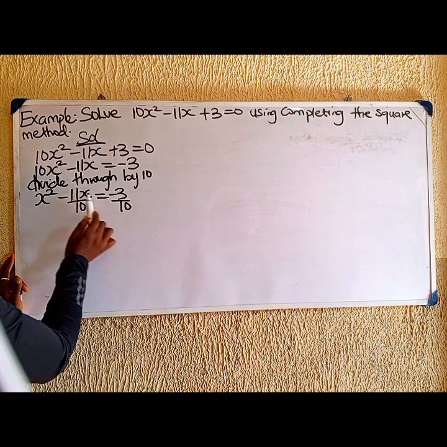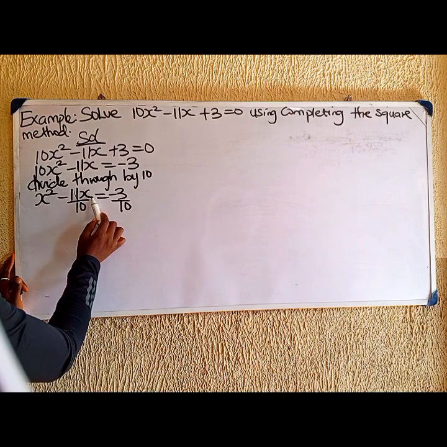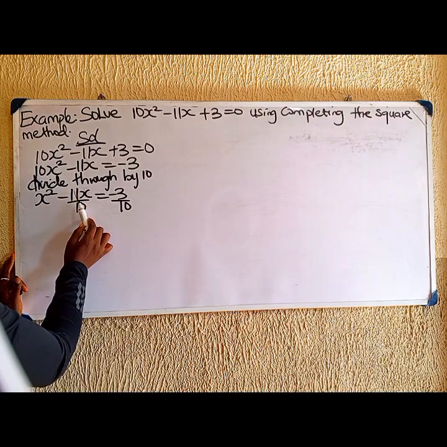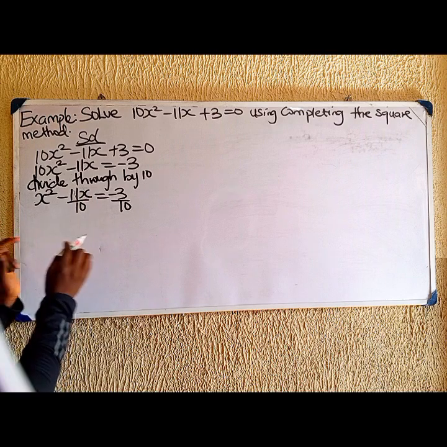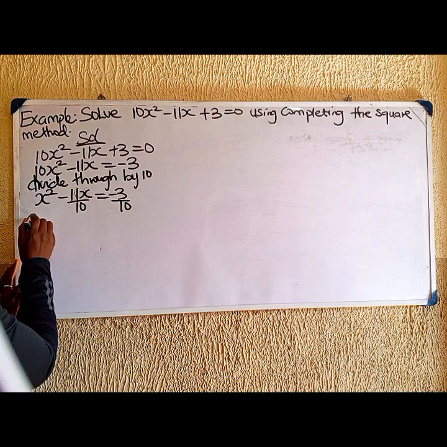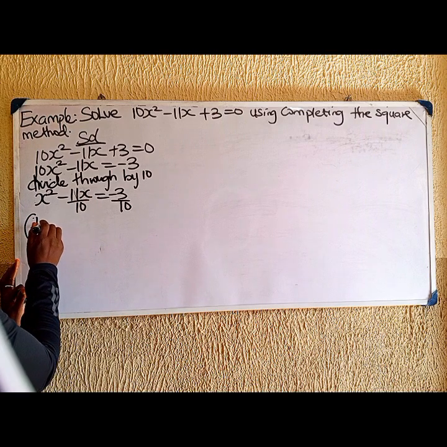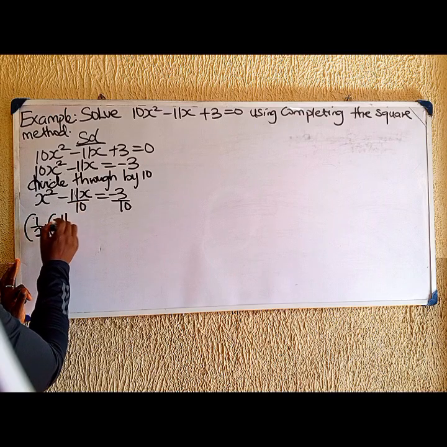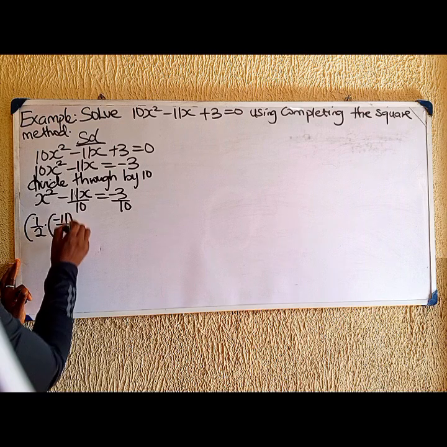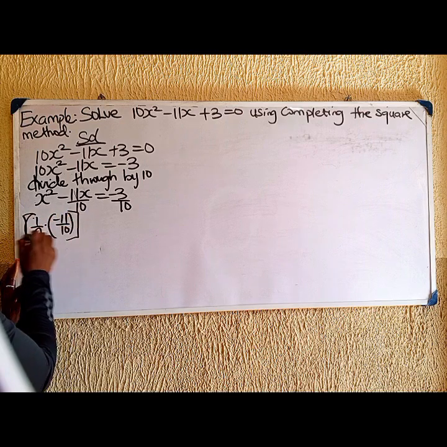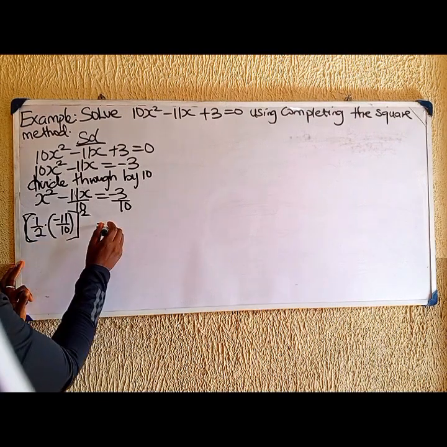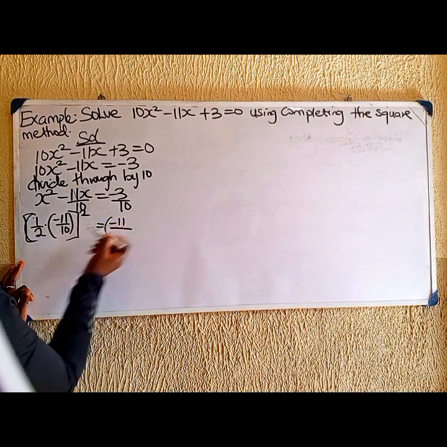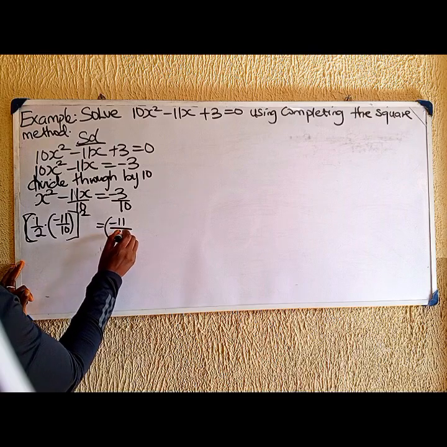The third step now is to find half of the coefficient of x, all squared. This is x, and this is the coefficient of x. So half of the coefficient, which is 1 over 2 times the coefficient of x, minus 11 over 10, all squared, gives me 1 times minus 11 is minus 11, over 2 times 10 is 20.